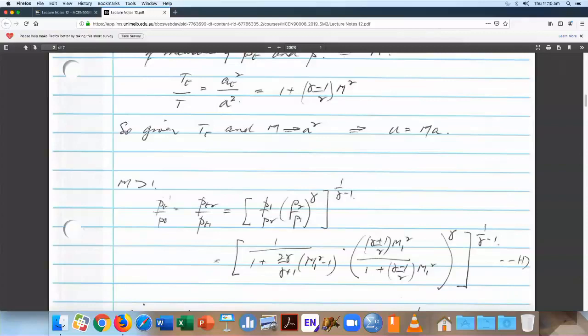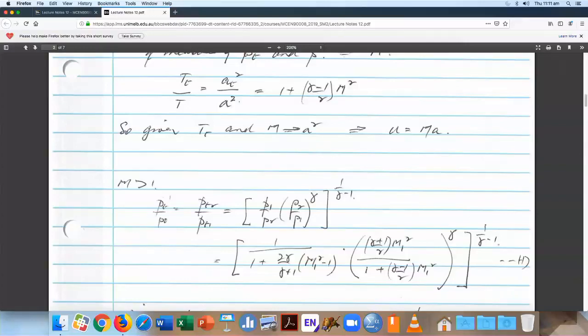The total temperature divided by the reservoir pressure P naught, that will be the total pressure in region 2 divided by the total pressure in region 1, because PT1 is the same as the stagnation pressure.